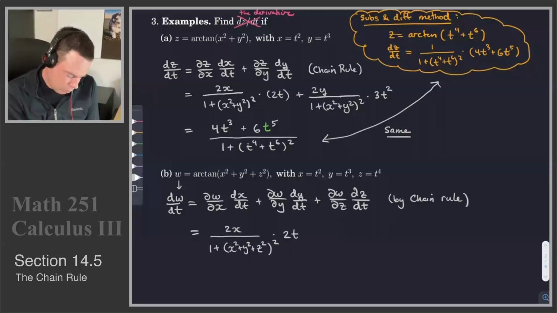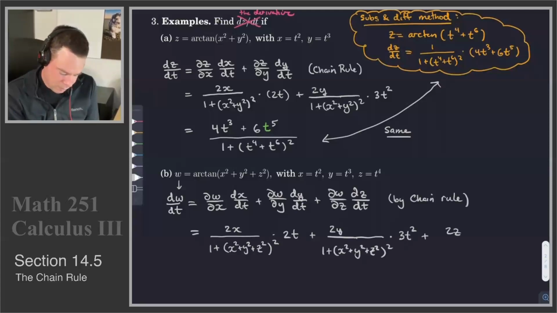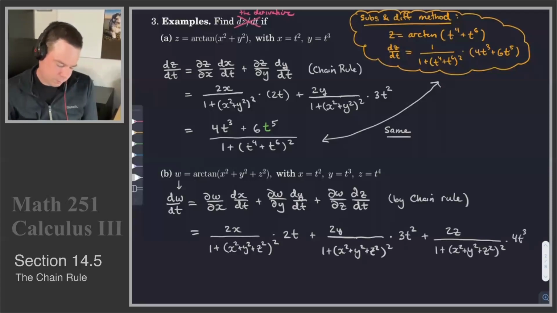So that's times 2t, plus 2y over 1 plus x squared plus y squared plus z squared, all squared, times dy dt. That's 3t squared, plus 2z over 1 plus x squared plus y squared plus z squared, all squared, times dz dt, which is 4t cubed.